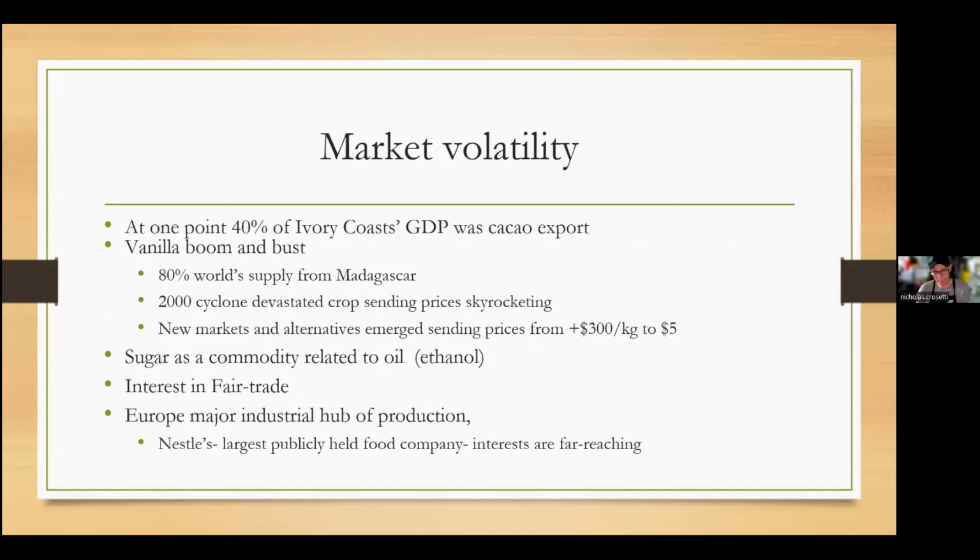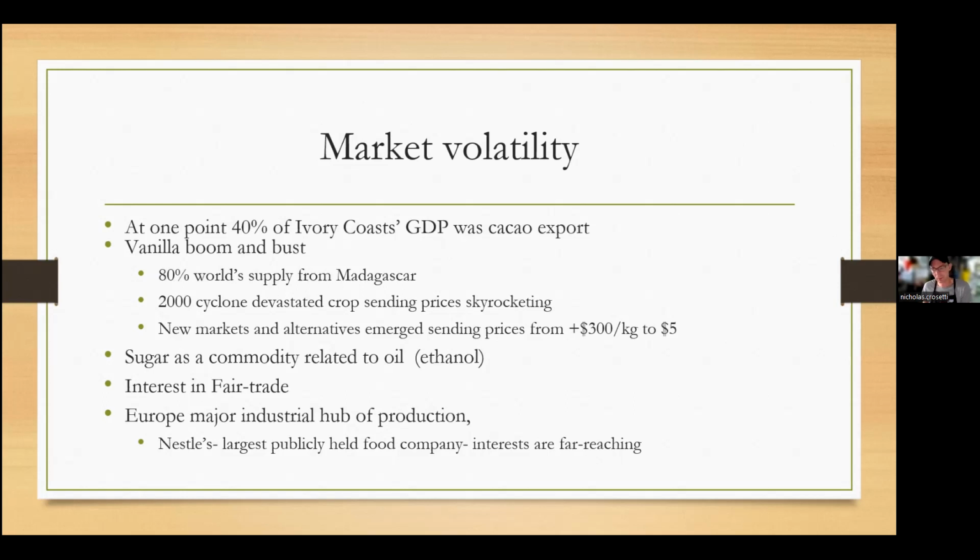It takes a lot to even get to the beans that we're after, and then converting them into the chocolate that we all want takes a huge effort. There's a lot of factors that go into the global industry that is cacao and chocolate. That's very, very volatile and interconnected.